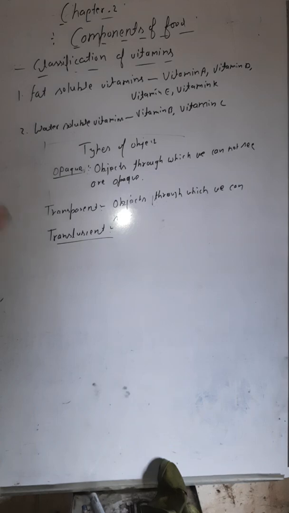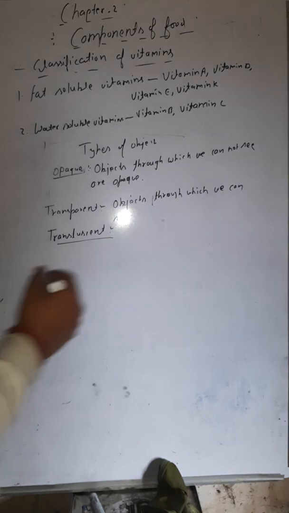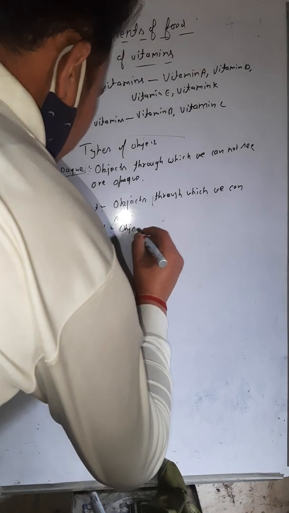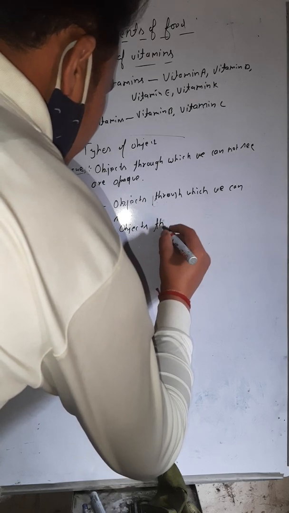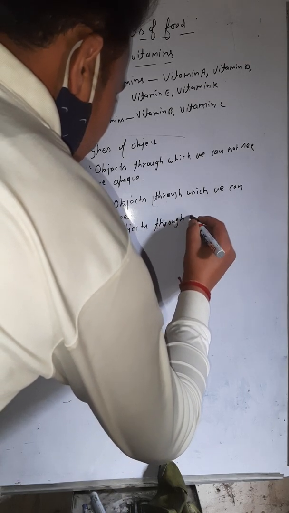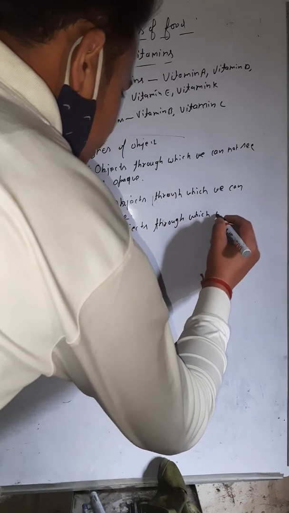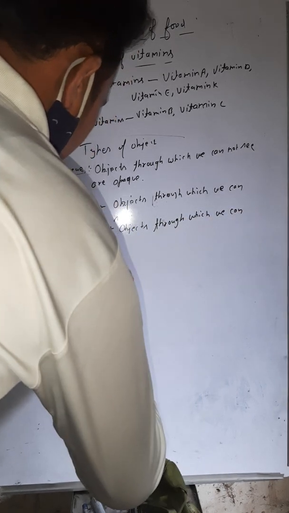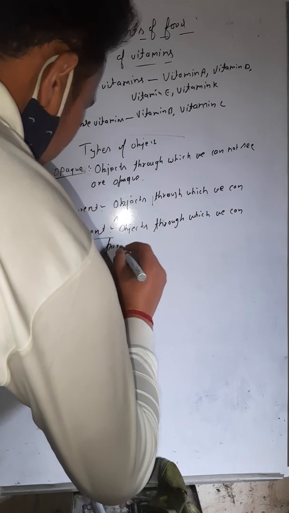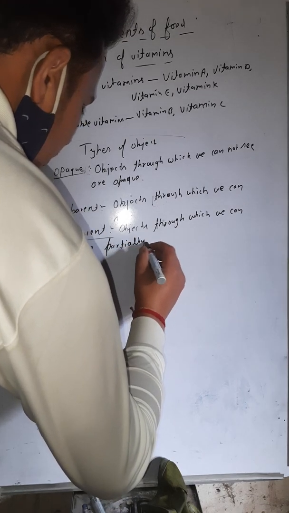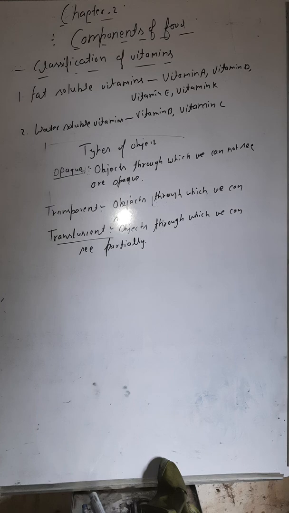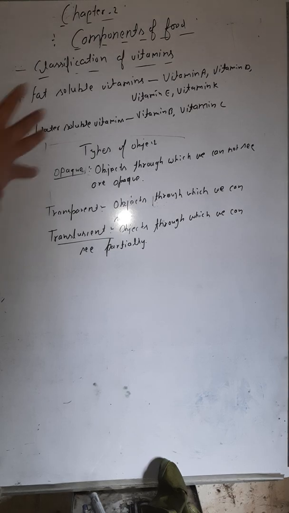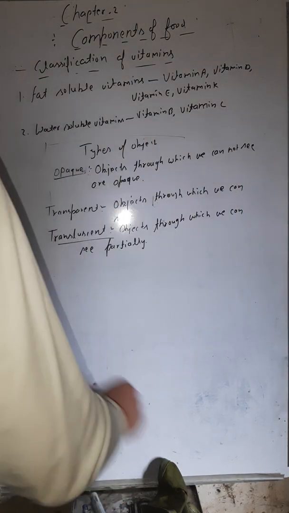Such objects are called translucent objects, through which we can see partially.